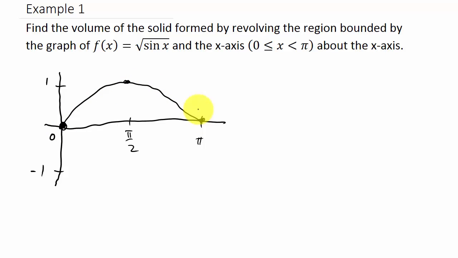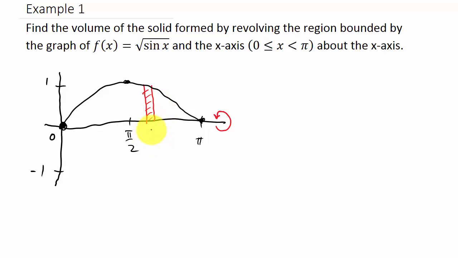Now let's draw our rectangle. We're using the washer method, so the rectangle is going to be perpendicular to the axis that we're revolving around. We're revolving around the x-axis, and there's your rectangle.